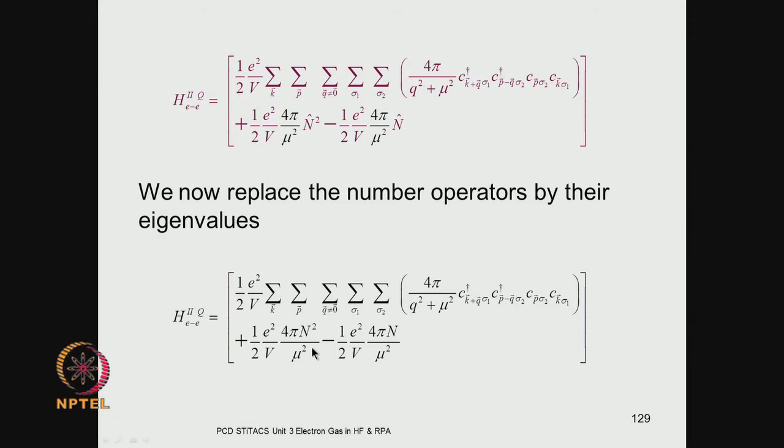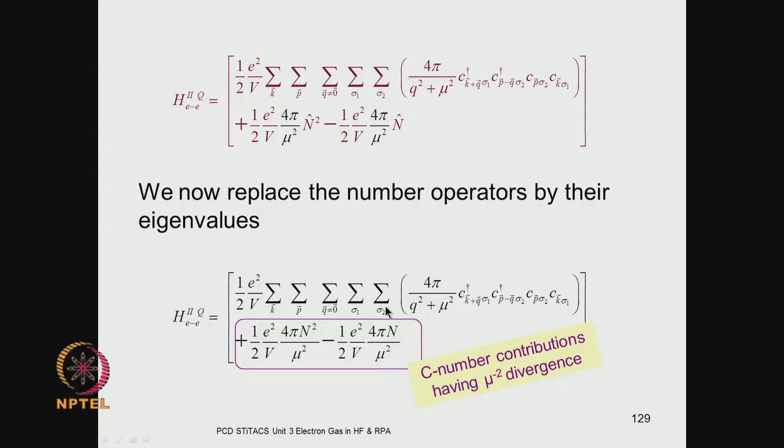So, you have got the N square term over here minus, from the second term, half e square by V 4 pi N over mu square, but these N do not have that caret symbol on top which we had over here, because this and this are operators, whereas this and this are the eigenvalues. Okay, so, we have replaced the number operators by their respective eigenvalues.